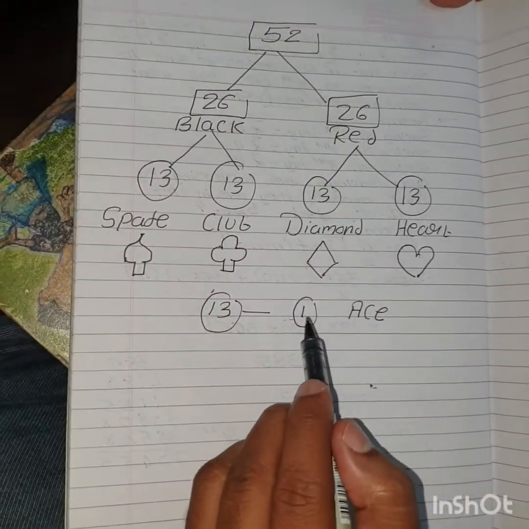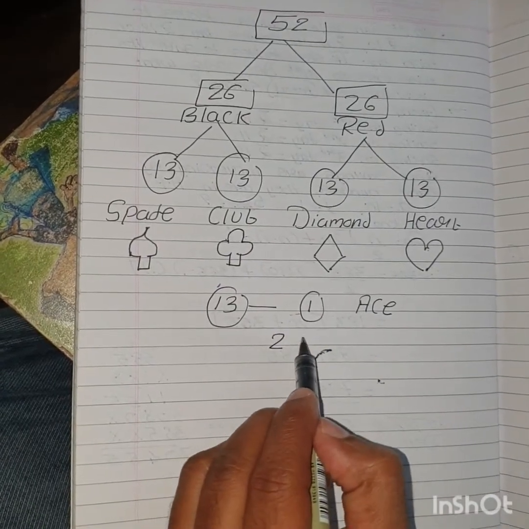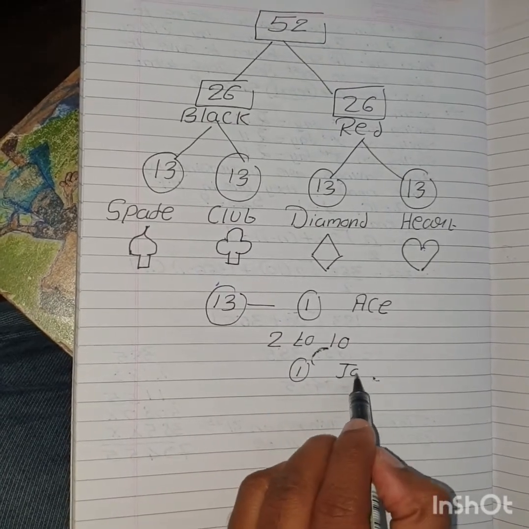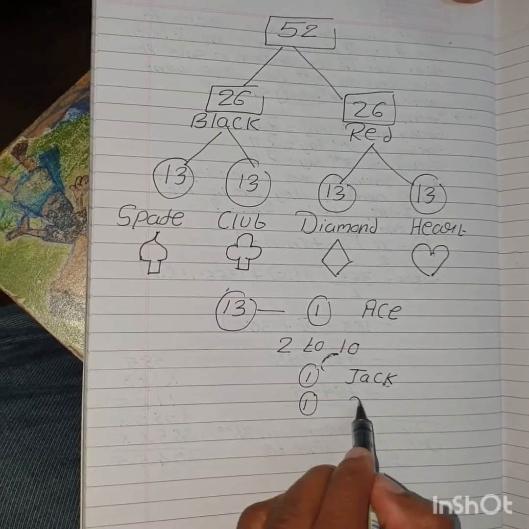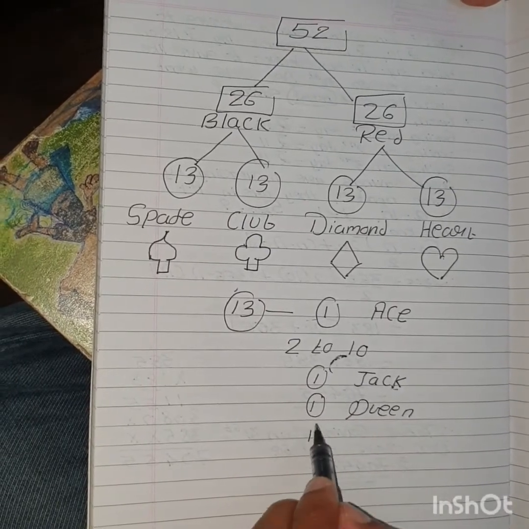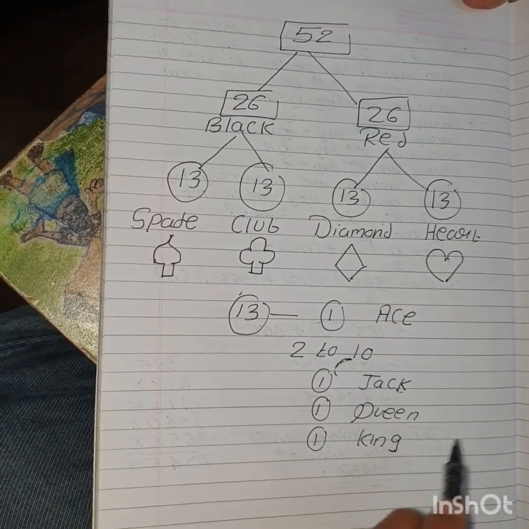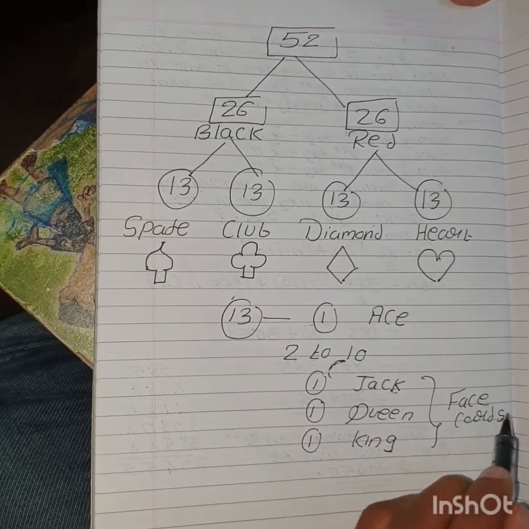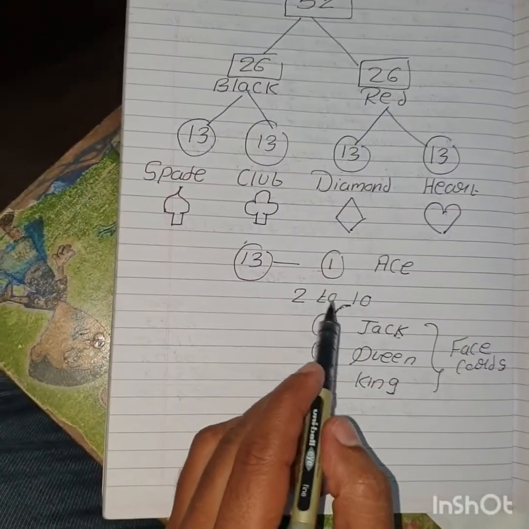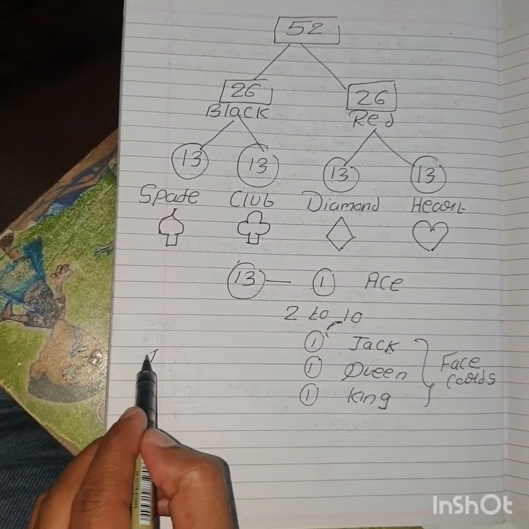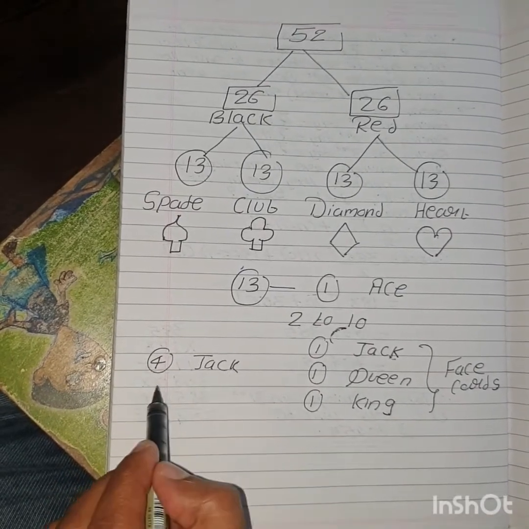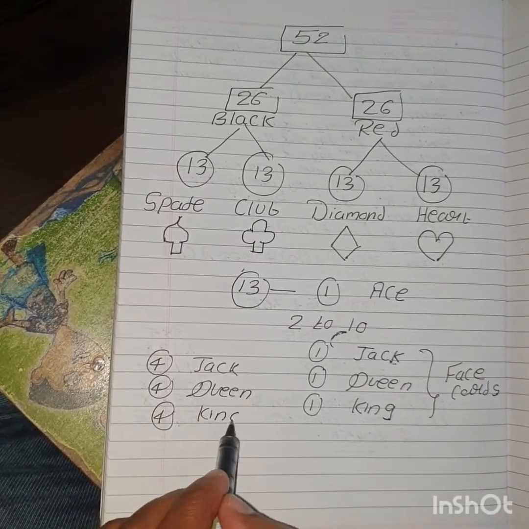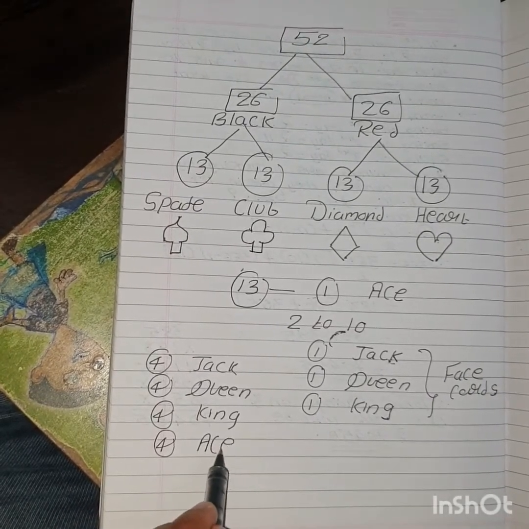Then there are cards numbering 2 to 10. Then there is one jack, one queen, one king. These are also called face cards or picture cards. So total out of 52 there will be 4 jack, 4 queen, 4 king and 4 ace cards.